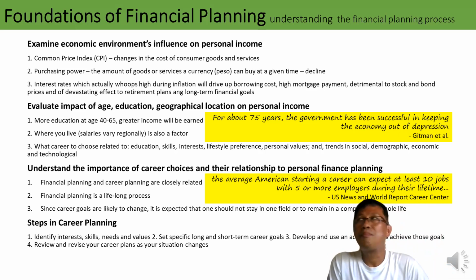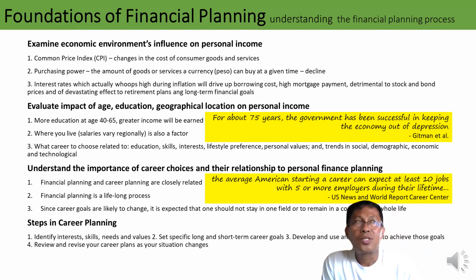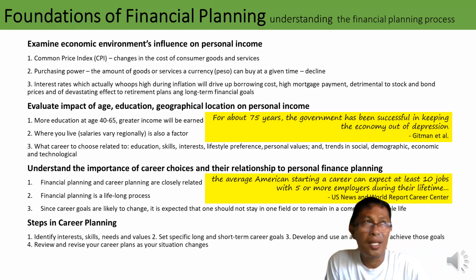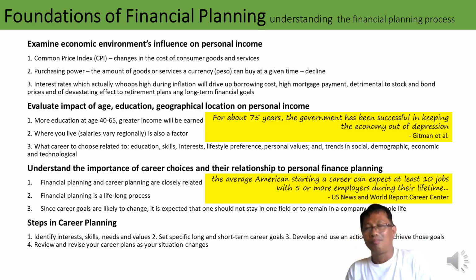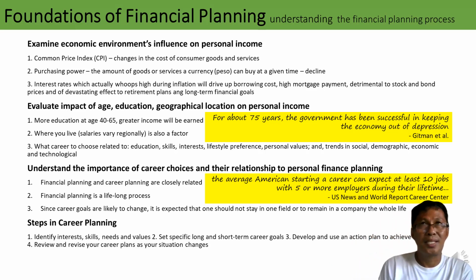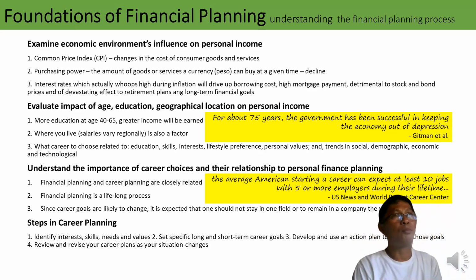Is the purchasing power, meaning how much a peso can buy now? Sa 100 o sa 10 piso, makabili ka pa ba ng sardinas? Makabili ka pa ba ng bigas? Ano ang mabibili mo sa 10 piso?